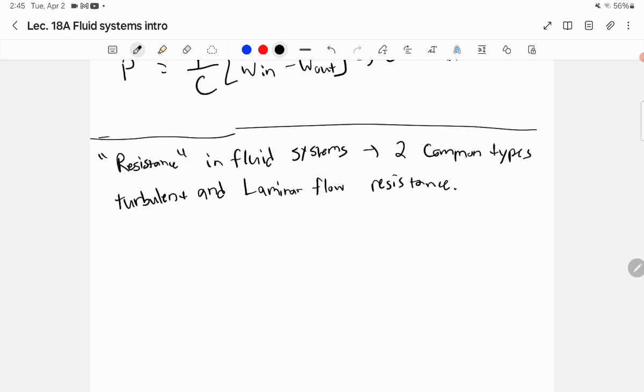Okay, so we're going to have this concept of resistance. I'm actually going to start with the turbulent one. And how we know these relationships, by the way, is they can be measured in the lab. So this is where the relationships come from.